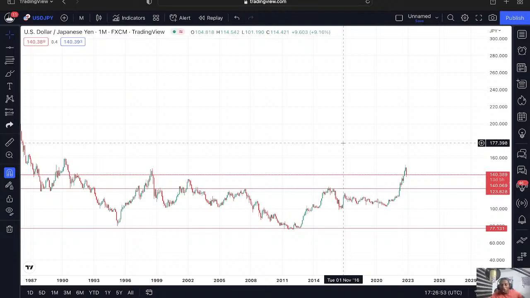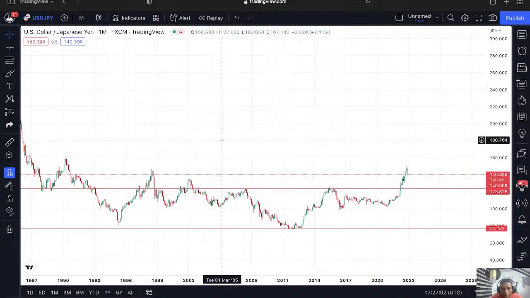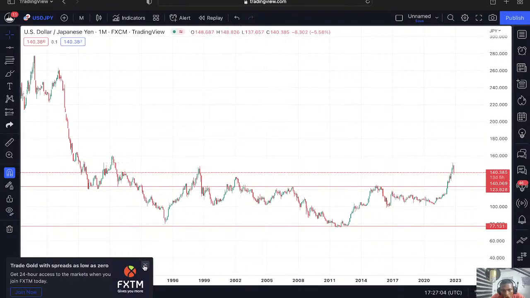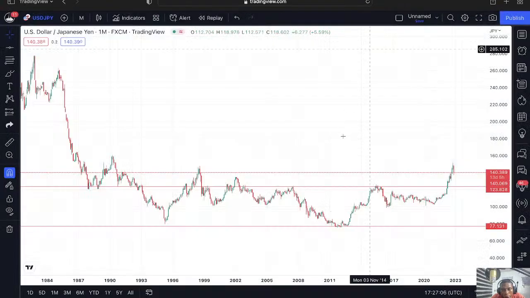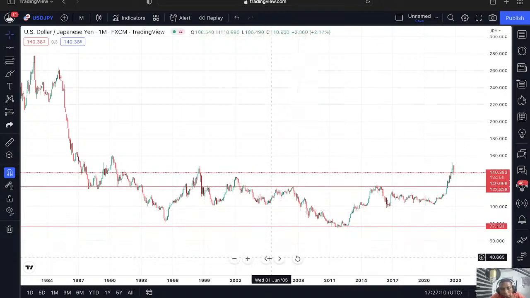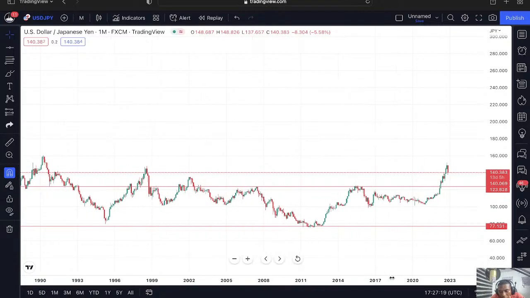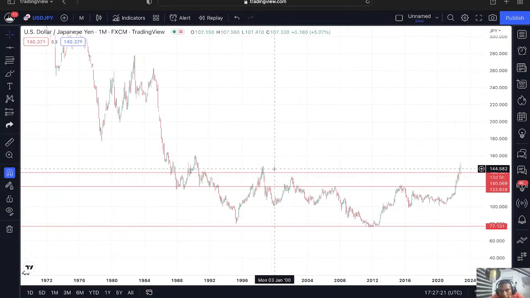When you look closely, you will discover that we've been on a ranging chart for a while now, and you discover that price had just broken out of a certain resistance level, here.